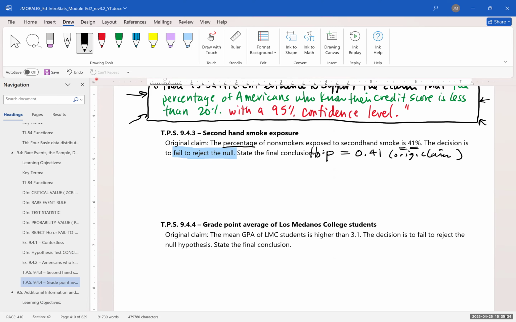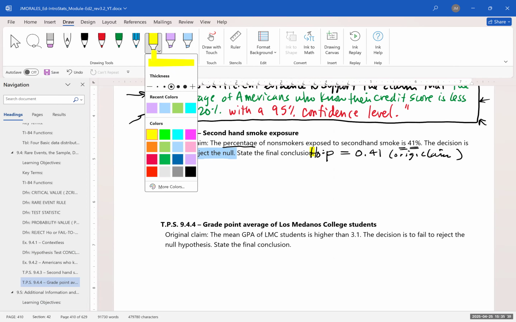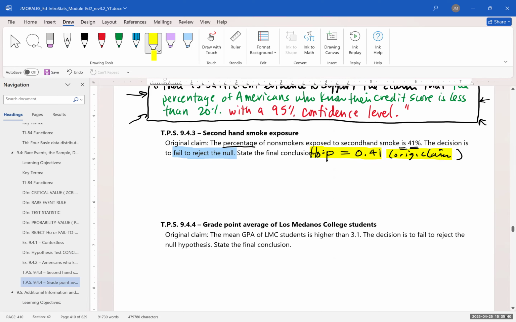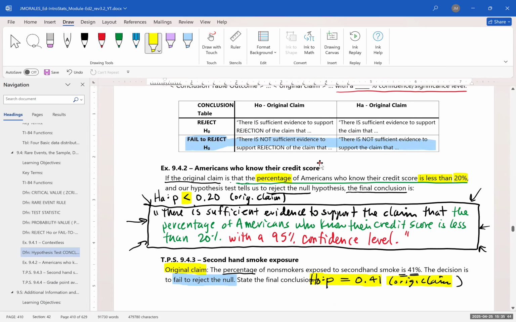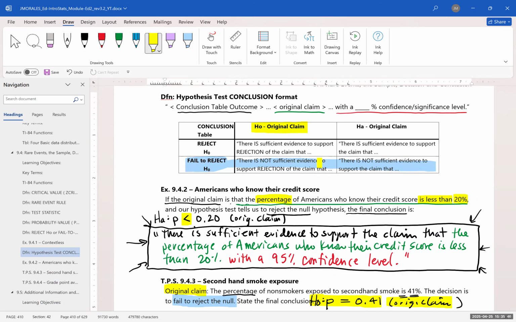Okay, so the null hypothesis was our original claim. So let's come up here. The null hypothesis was our original claim. So we're going to come down. How we're going to write this is going to be using this text at the intersection between the null being the original claim and failing to reject the null hypothesis.